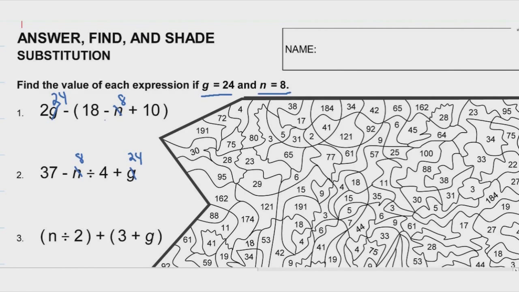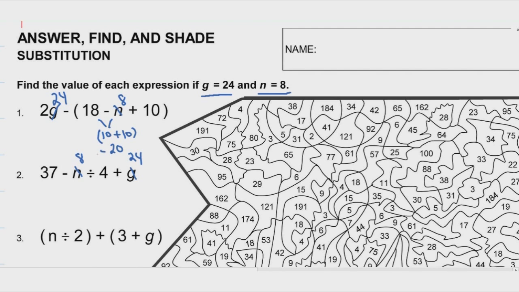Well, we got parentheses here, so we need to do the parentheses first. And you have subtraction and addition. And since subtraction and addition are in the same family, you need to work from left to right. So subtraction comes first. Well, 18 minus 8 is 10 plus 10 inside parentheses, and that would equal 20.